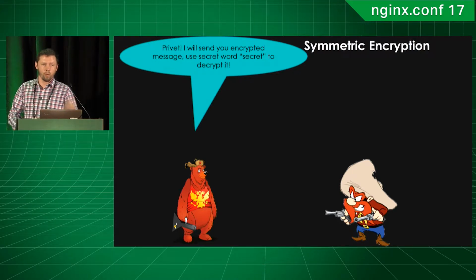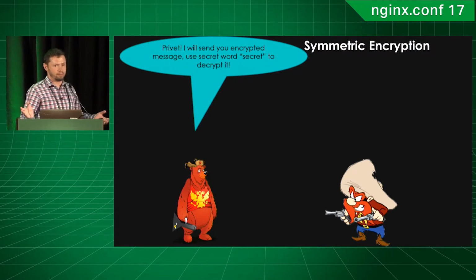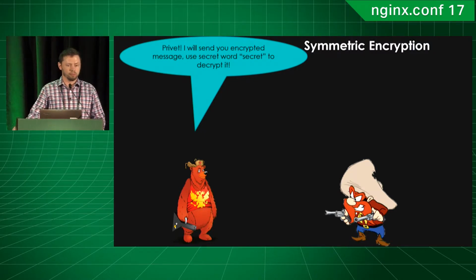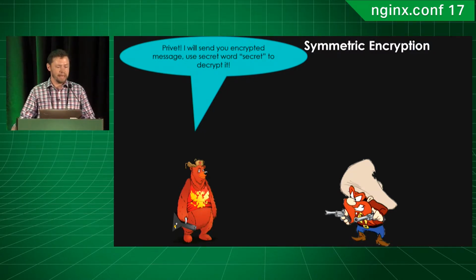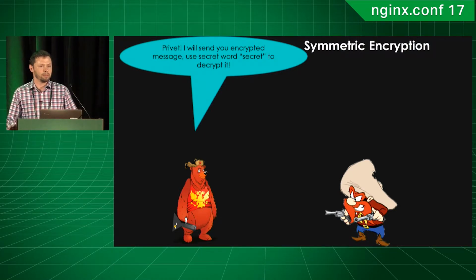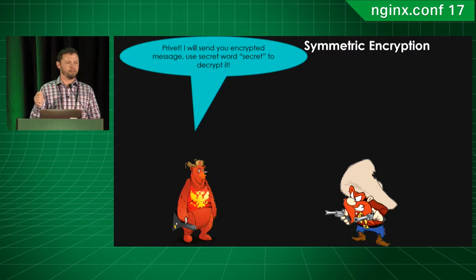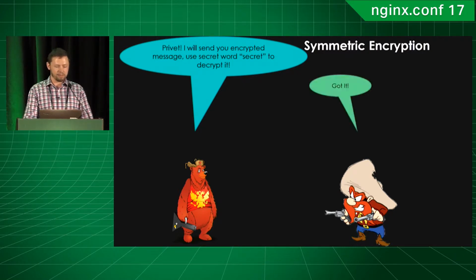You will see that one of the guys, in case of protocols, it would be a client, is sending the message to the server, like, hey, I want to encrypt all the communications between us, but here is my encryption key. Please use it to encrypt information for me. And it's a symmetric encryption.